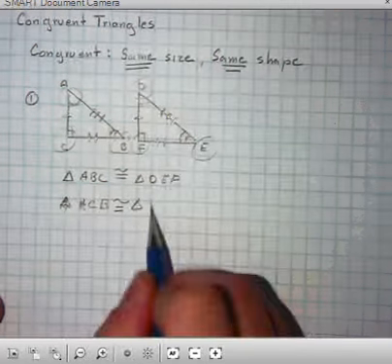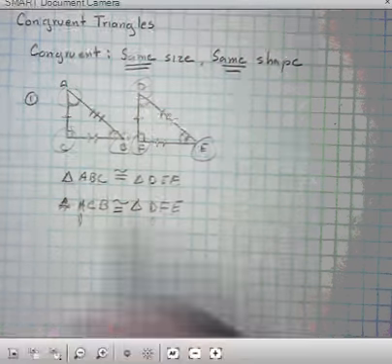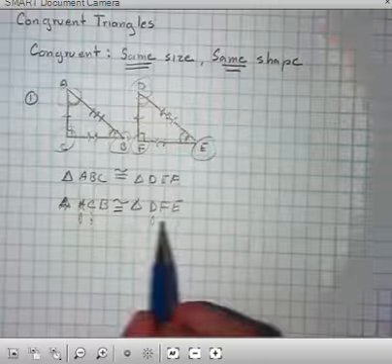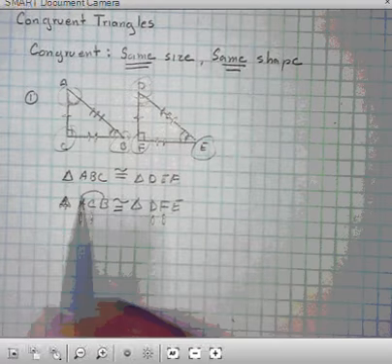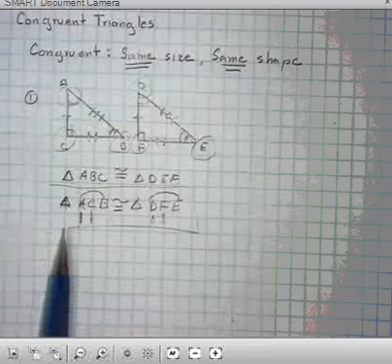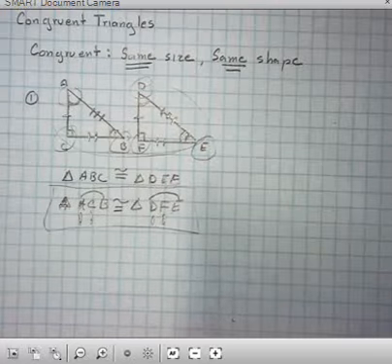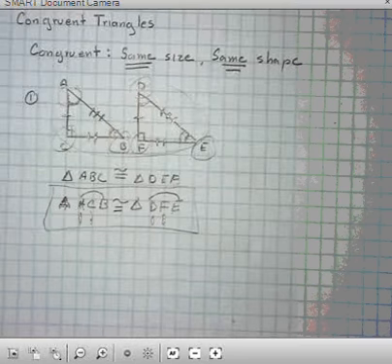So it's going to be D, F, E. The reason that those are congruency statements is because this angle right here is the same angle as that one right there. This angle right here is the same as that angle right there. The distance from here to here is the same as the distance from here to here. So those congruency statements describe these triangles up here. So that's a really good point, Natalia.